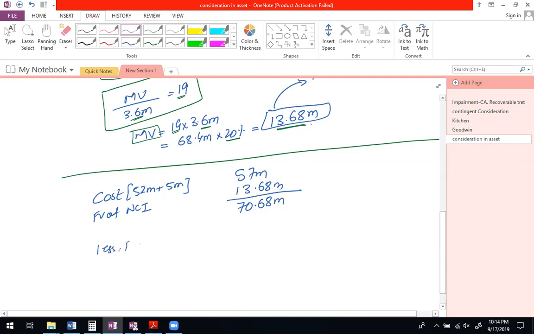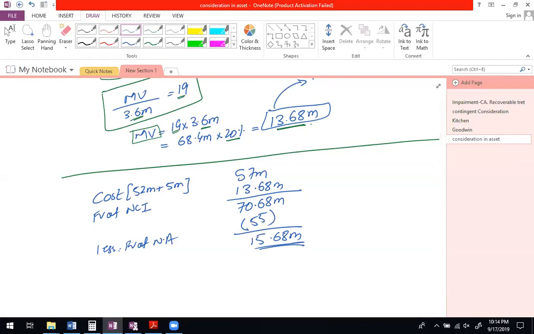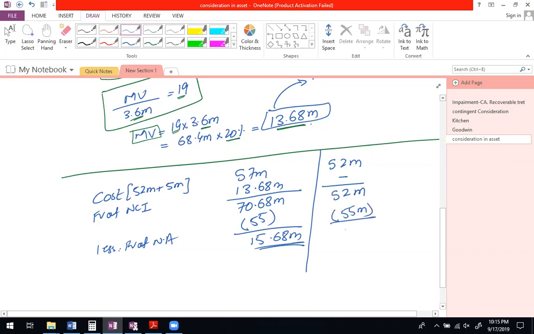And if we deduct the fair value of the net assets of 55, we're going to get a goodwill of 15.68 million. So this is how we have calculated the correct goodwill. And what the question did, it actually used 52, ignored the value of NCI, deducted 55, and got a negative goodwill of 3. So this is what was done by the question, and the correct solution as well.